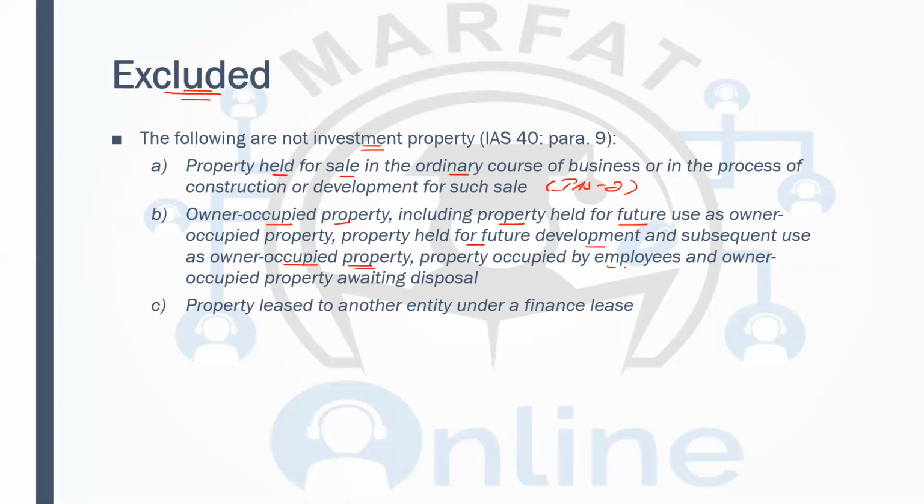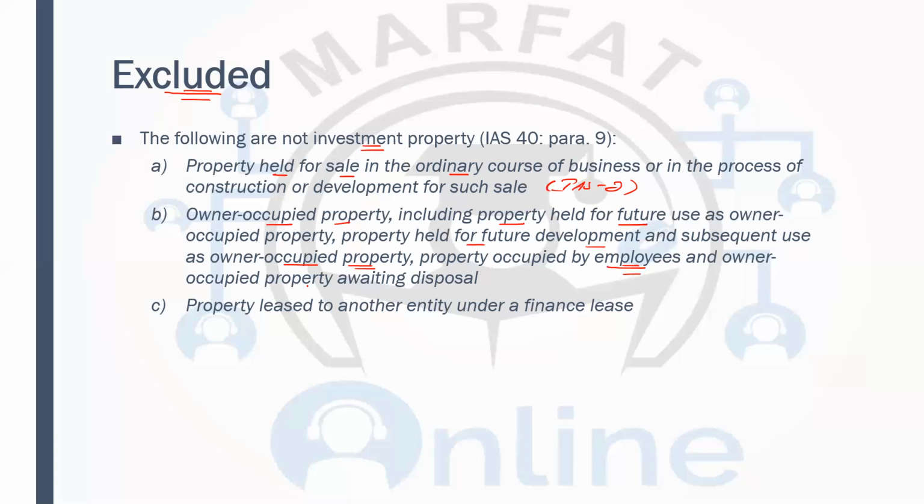Property occupied by the employees, for example, the floor which is given to the employees as a benefit for residence. Now, if the company has given that entire floor to the employees for residence, but not as a benefit, but on rent, then that means it is going to be classified under IAS 40. But if it is given as a benefit, then that meets the criteria of IAS 16.